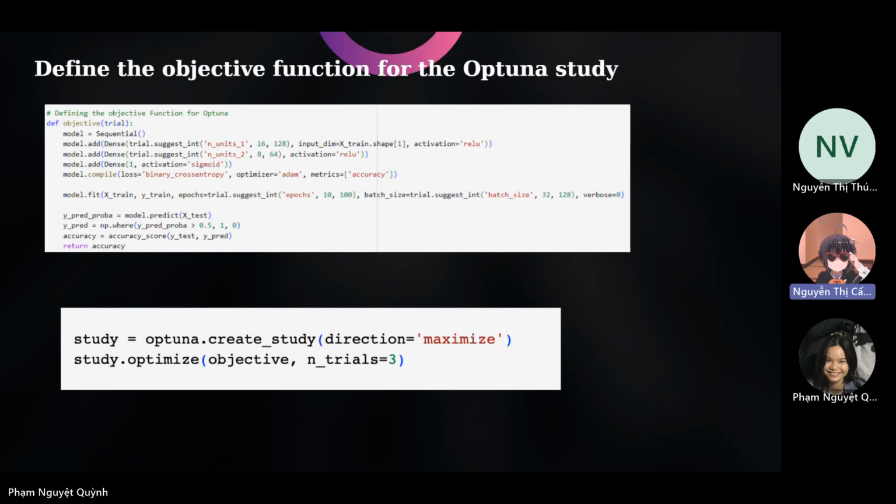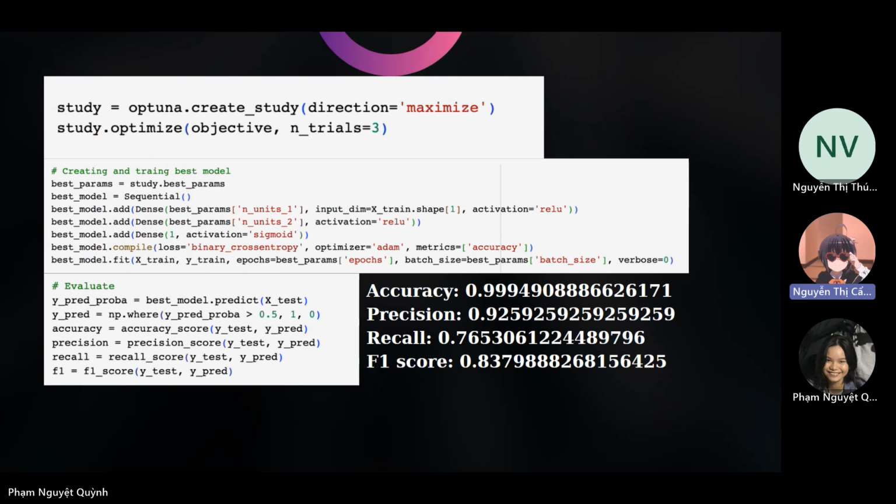After the optimization process, the best hyperparameters are obtained from study.best_params and a new ANN model, the best model, is created with the best hyperparameters and trained on the entire training data.